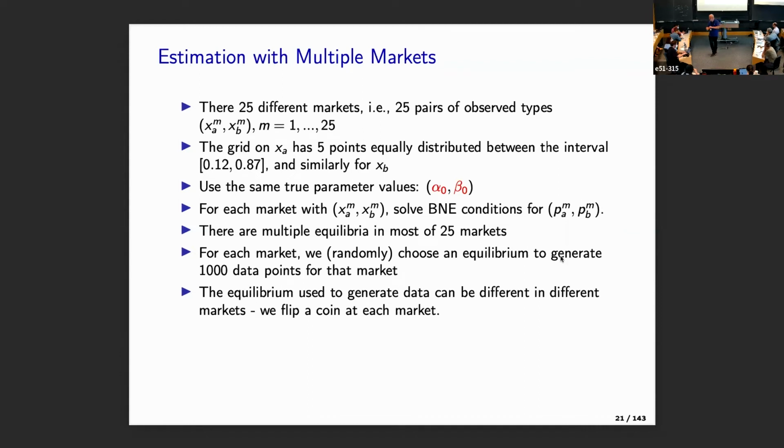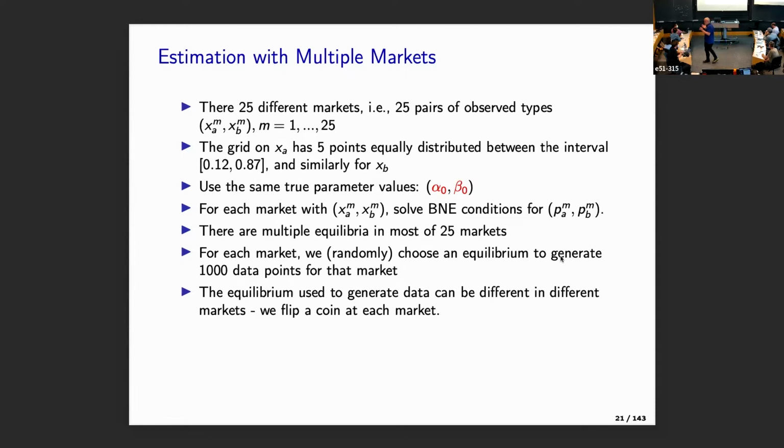Okay, so we just generate a grid with 5 grid points on an interval, and then we take all these combinations of firm type 1 and firm type 2 to generate 25 combinations, and that's the way we generate these data. Okay, and this is all fixed and observed. We use the same structural parameters as before, and then for each of these markets, we solve the model and generate all the equilibria.